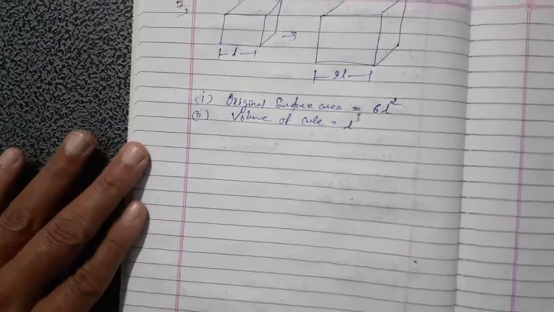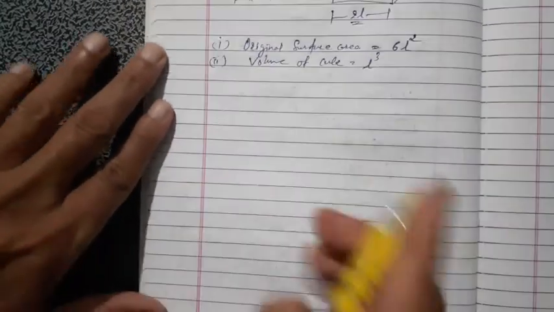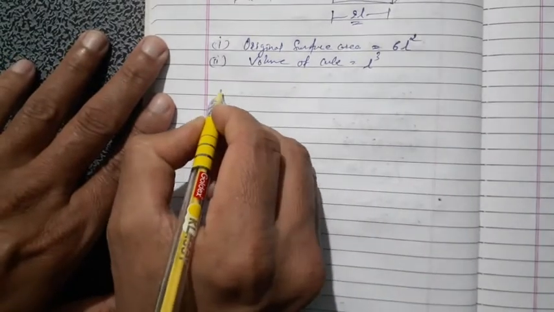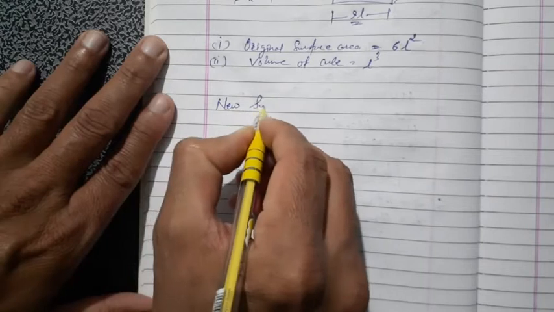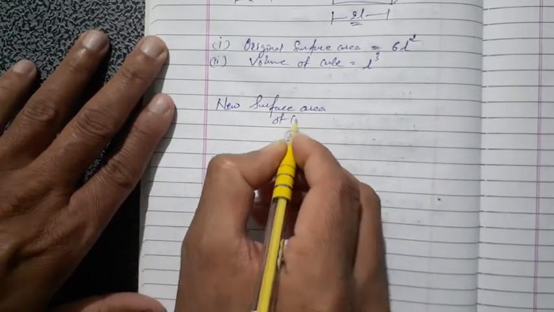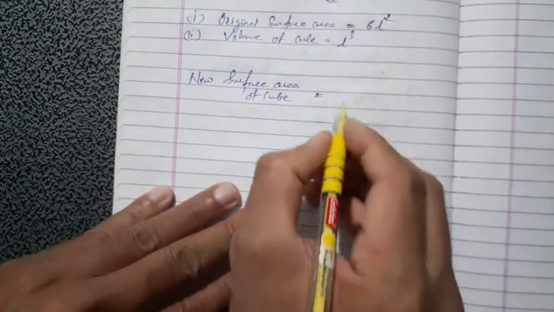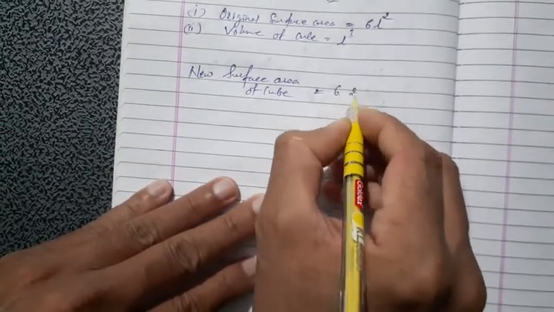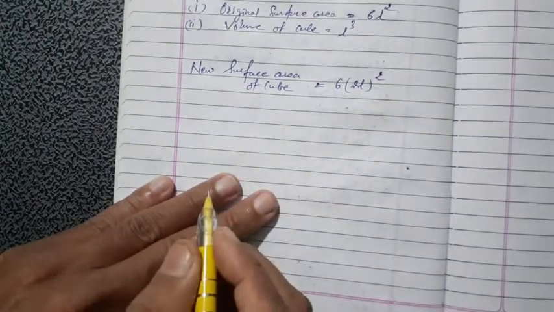Okay. Now it changes and should be double. Now find out that one. So the new surface area of the cube: look, when it's L, that is 6L square. Now the new one is there. So in the place of L, that is double, so 2L square.